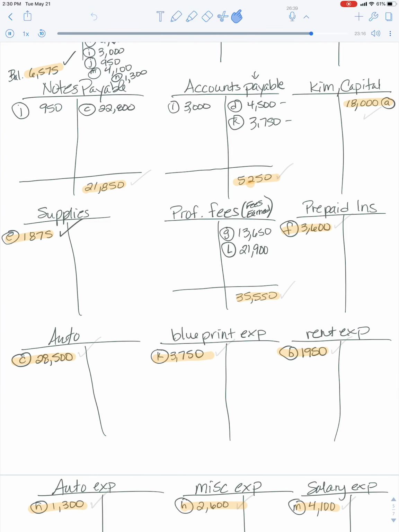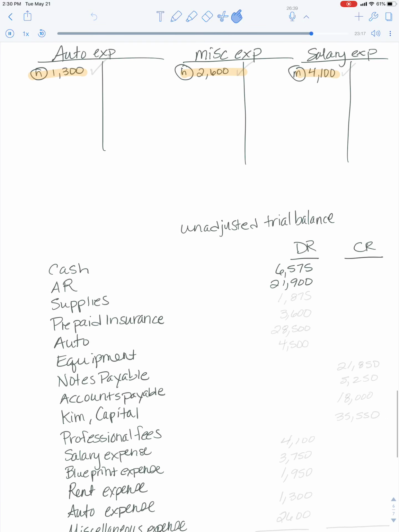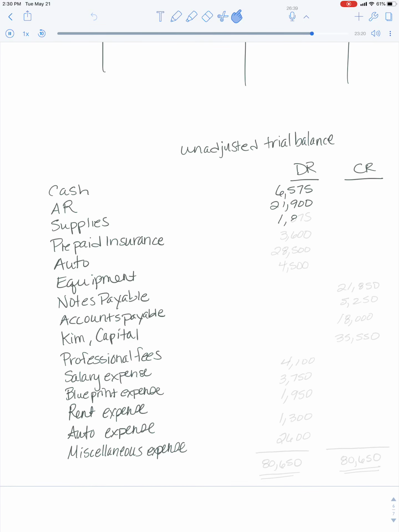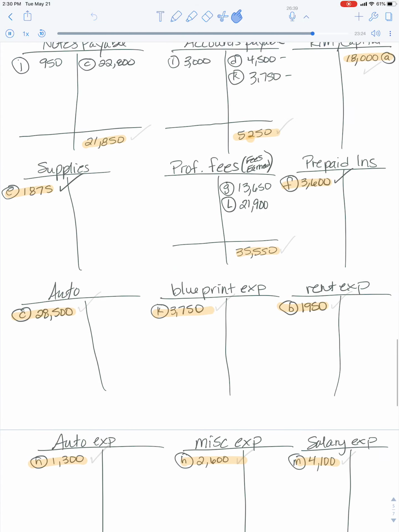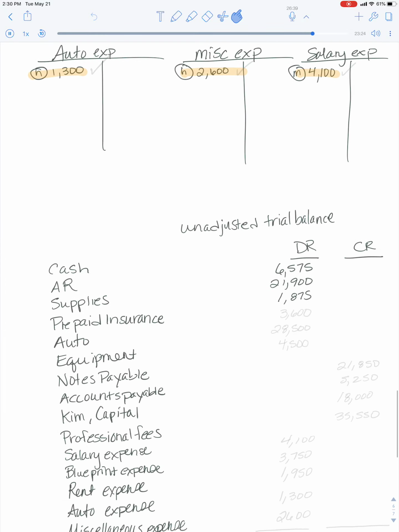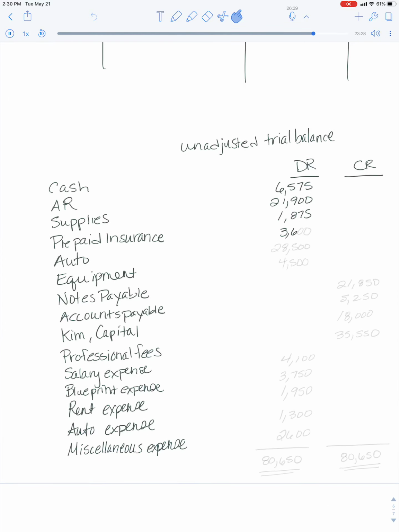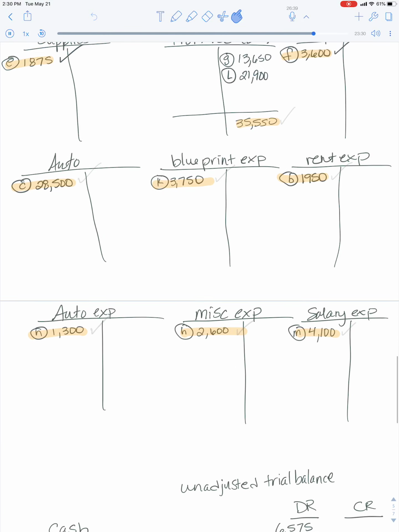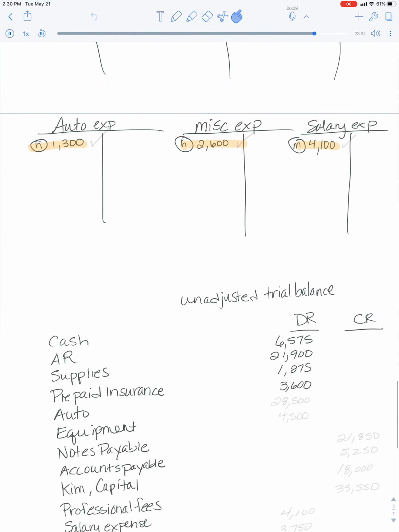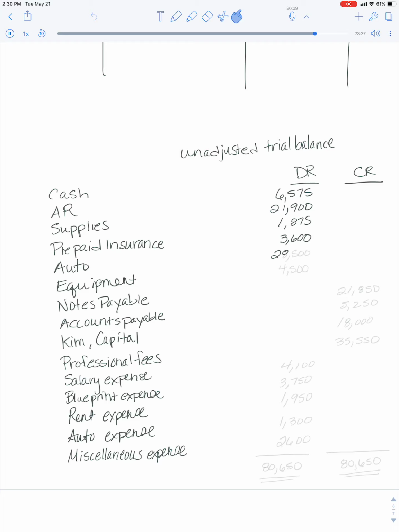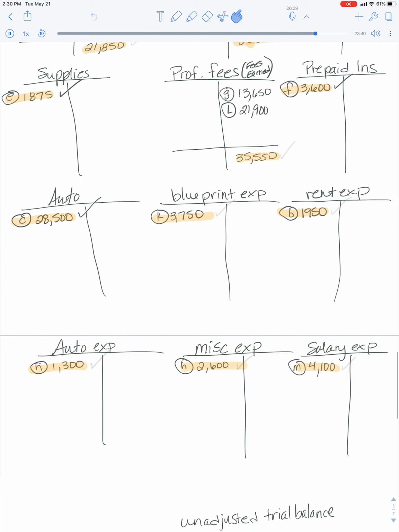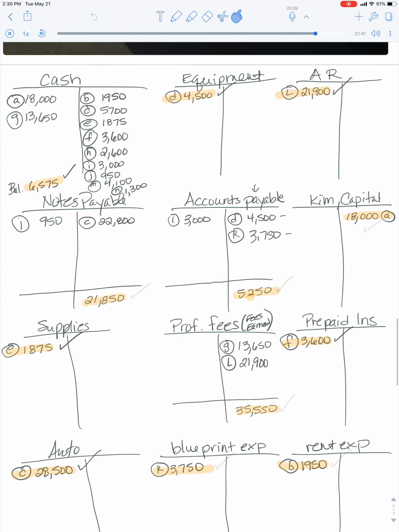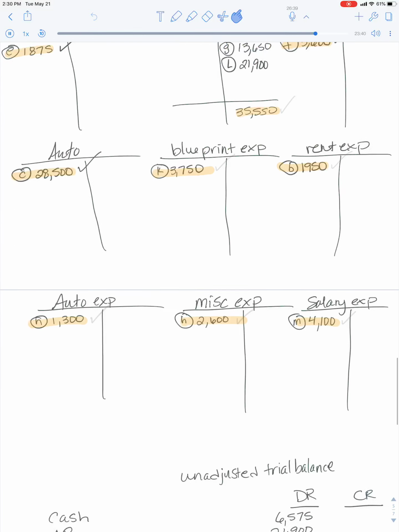Supplies, debit balance $1,875. Prepaid insurance, debit balance $3,600. Auto, debit balance of $28,500. Equipment, debit balance of $4,500.